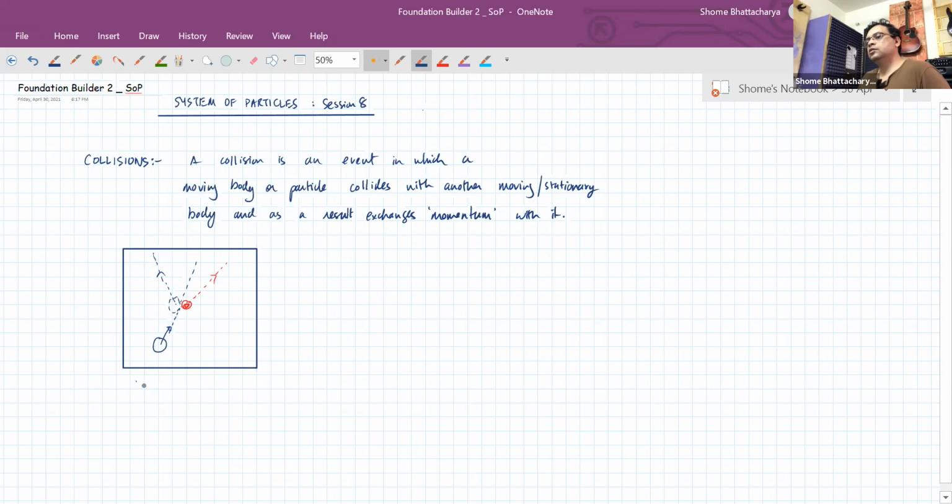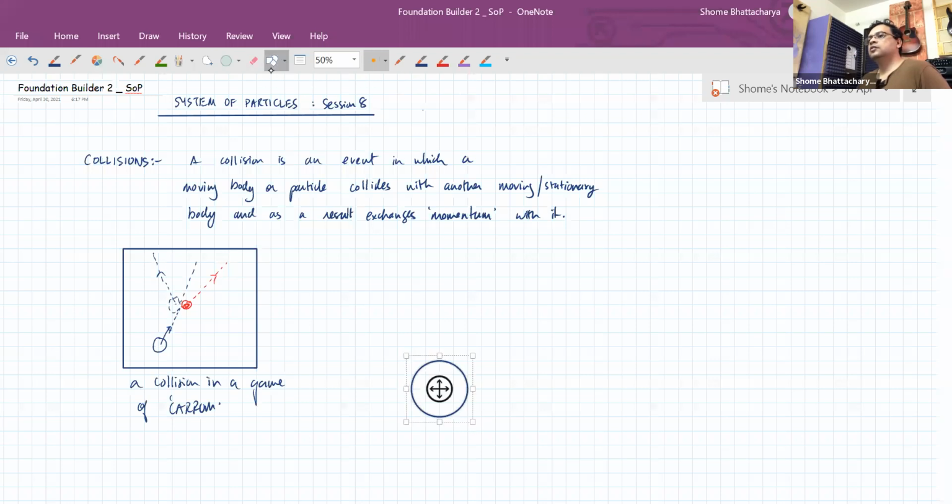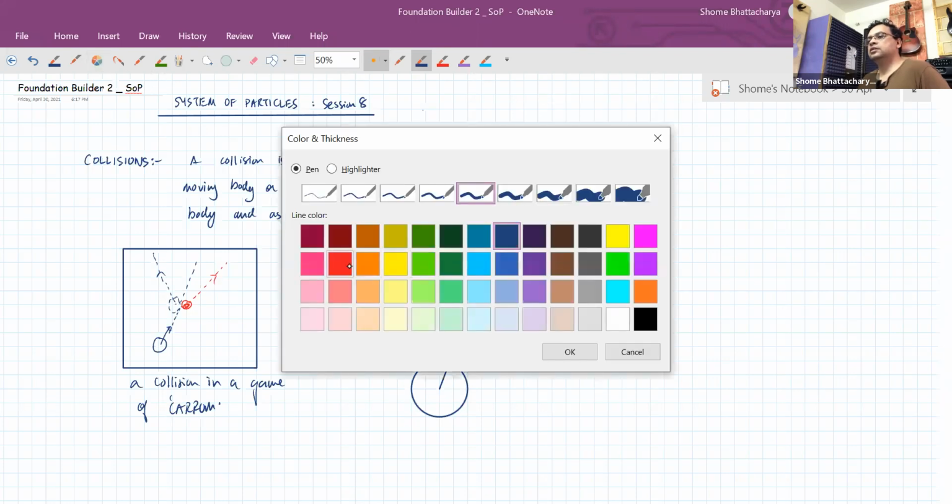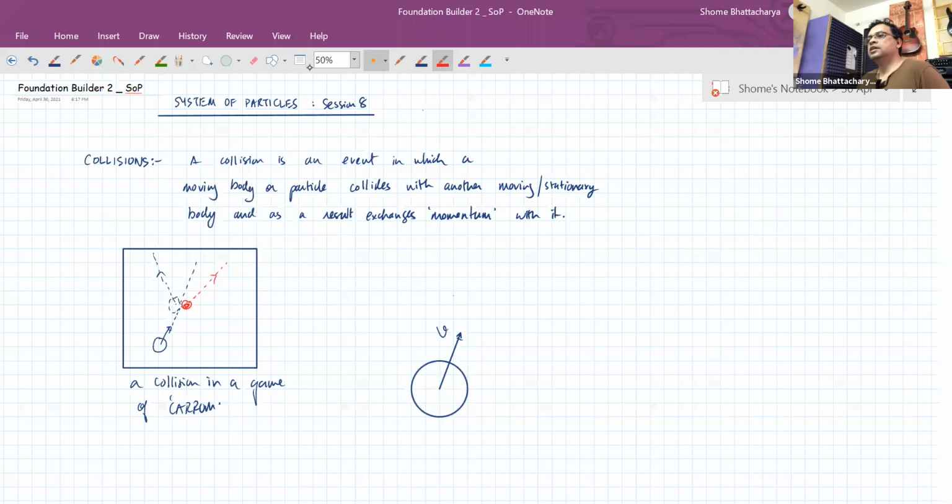So, a collision in a game of carom. What happens in this is that initially an object approaches another object with a velocity vector like this, let's say, and the second object is at rest. In the game of carom, these are disc-shaped objects.